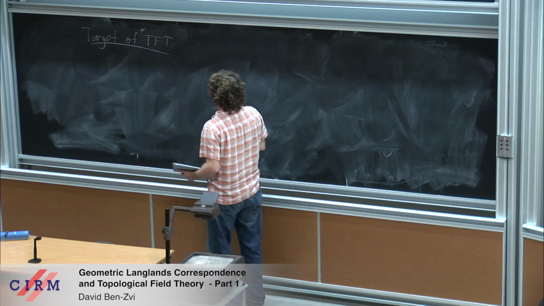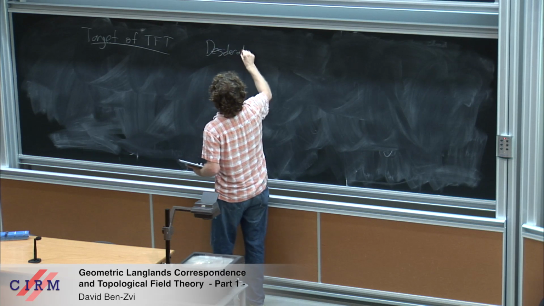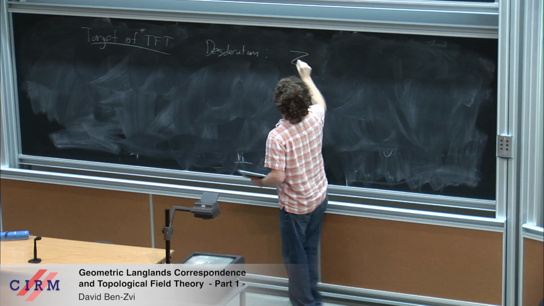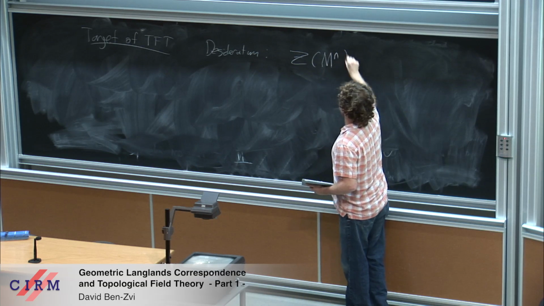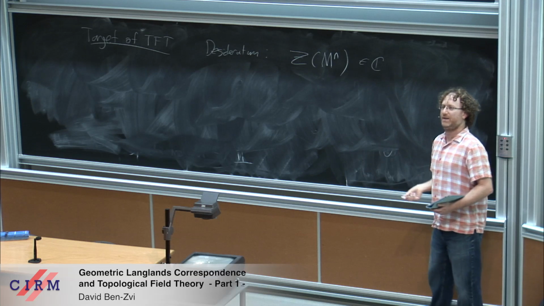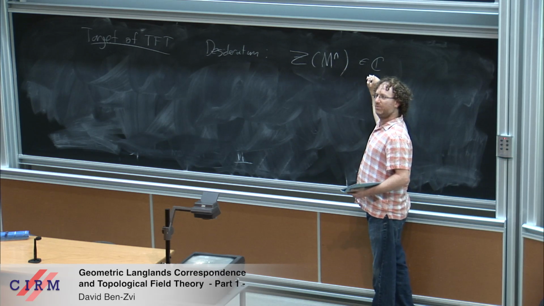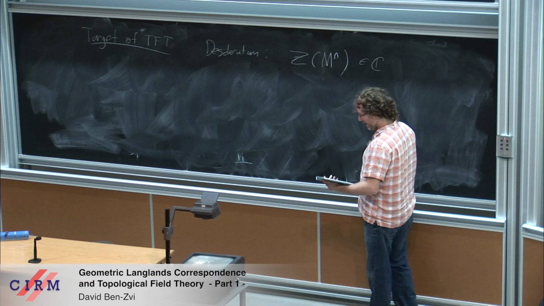The basic idea, the desideratum, is that at the top level, the invariant I attach to a closed n-manifold should be a complex number. That's sort of my dream. If I have an n-dimensional field theory, I think of having an n-manifold attaching a complex number. And that's the basic guideline.